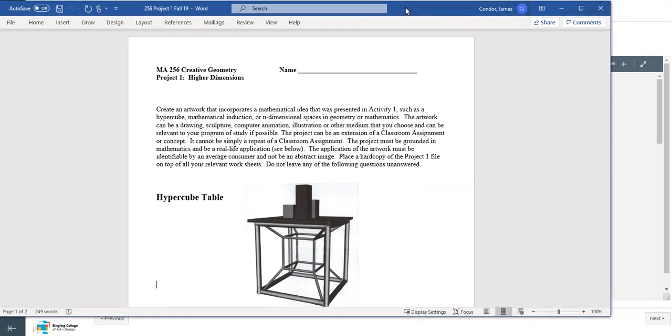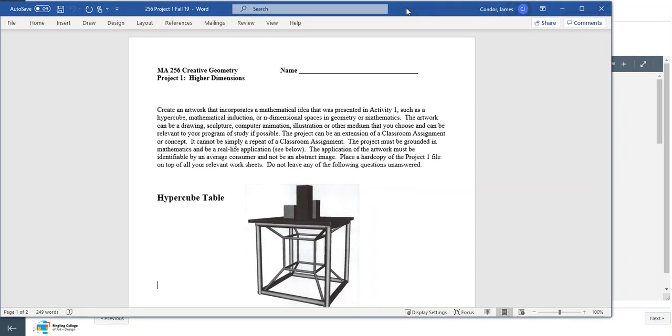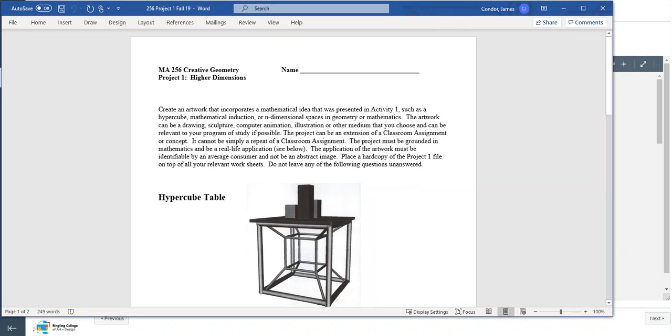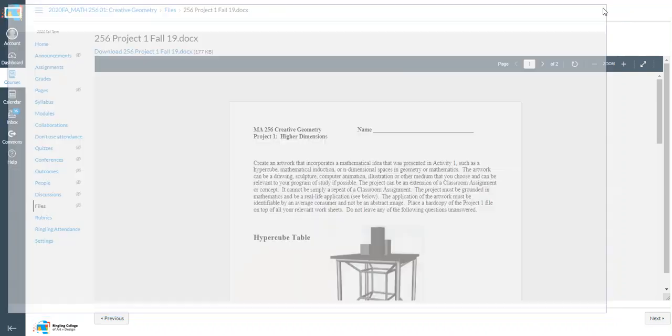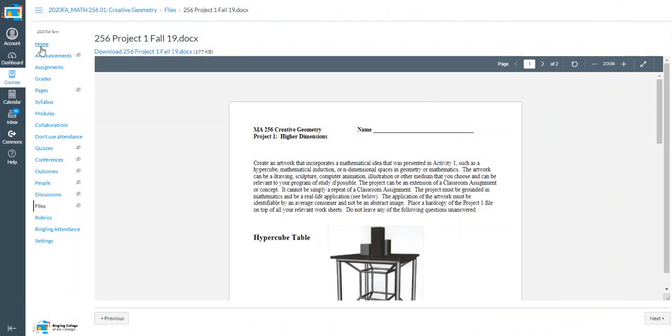I picked the projects based on student feedback. The projects that we use in this course are the most popular ones, out of about 40 that I've done over the last 12 years. I picked the ones in higher dimensions, a lot of people are interested in it.